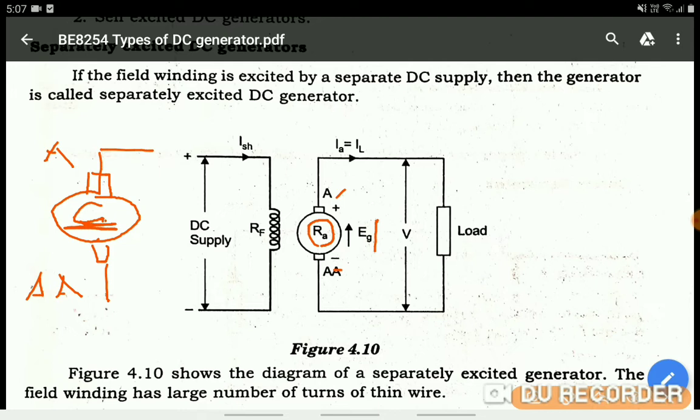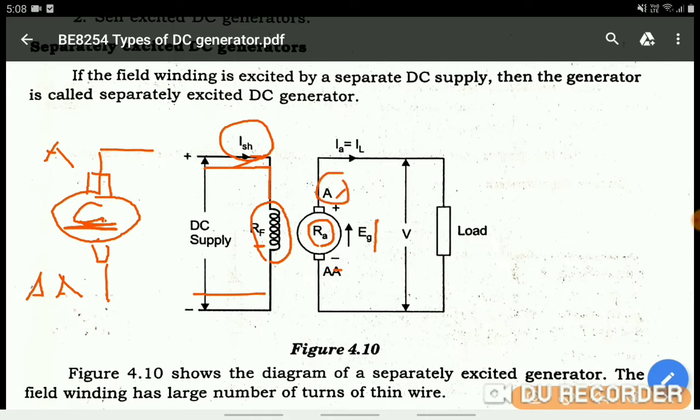So in the case of a separately excited generator, the field coil, which has a resistance RF, is supplied with a separate DC source, an external source. So DC supply is given from external means to the field coil. The current through the field coil is I, with suffix SH representing shunt, meaning this field coil is connected in parallel with the armature.